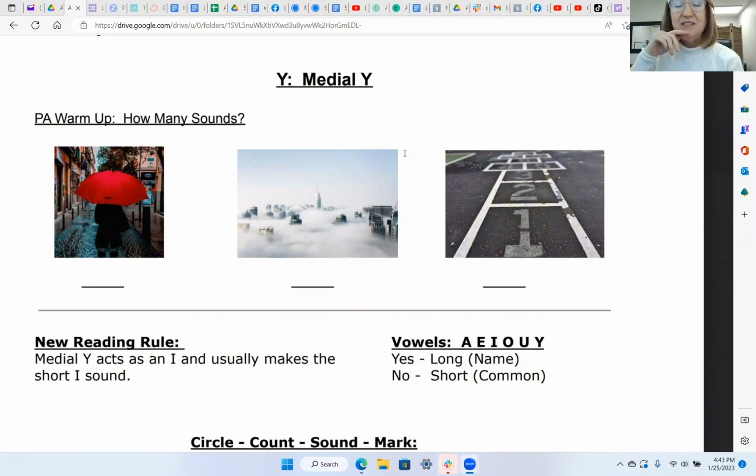Now, how many sounds in foggy? Don't pay any attention to the letters. Get the letters out of your brain. Only sounds. How many sounds in foggy? So this is kind of why I like to work with nonsense words, because sometimes when you know how to spell the word, it messes with your brain when it comes to phonemic awareness.